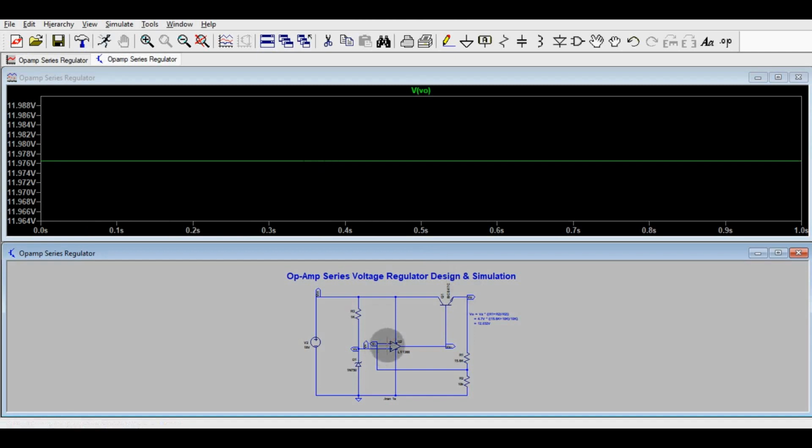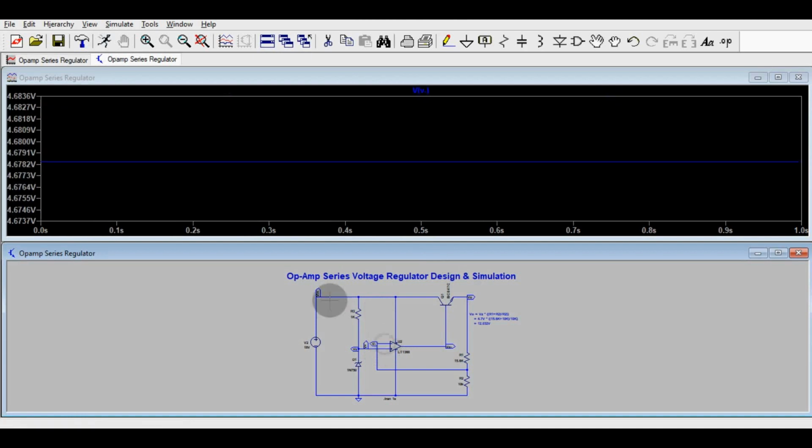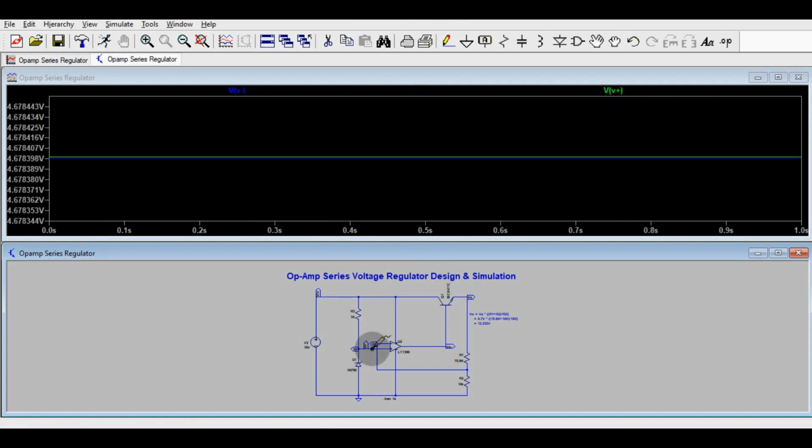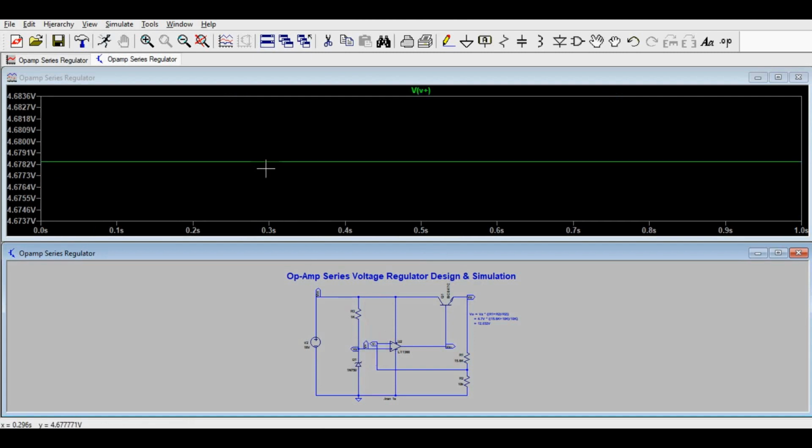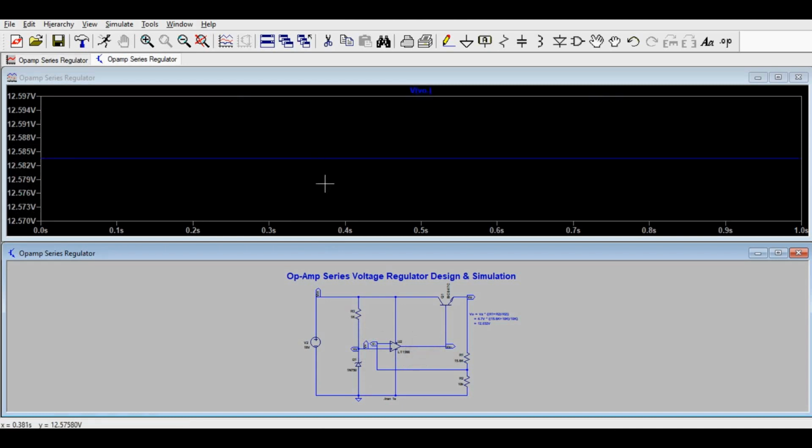If you want to see the voltage at the inverting terminal V minus, that is coming 4.67. If you want to see the voltage at the non-inverting terminal, that is also coming 4.67, both are equal. Let me show you the output voltage of the operational amplifier. This is 12.58.